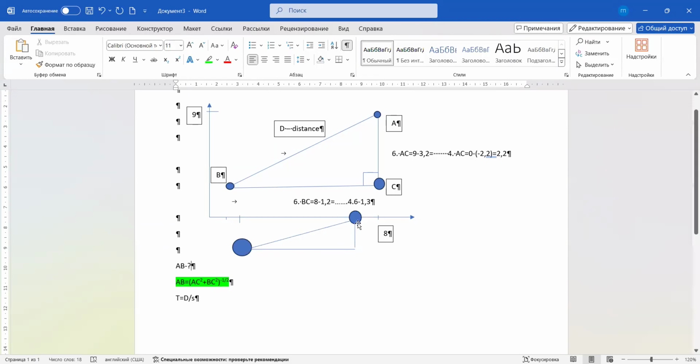So AC, it is our y, it is 0 also, I write it, minus our point C, it is y for this point, yes. Maybe we need 2.2, and this y, it is our second 0 for our point B.